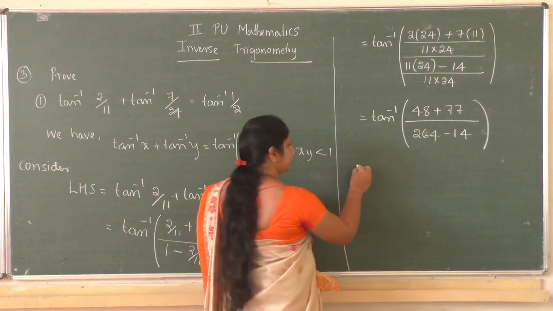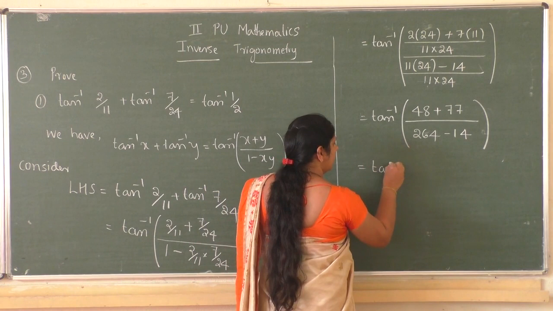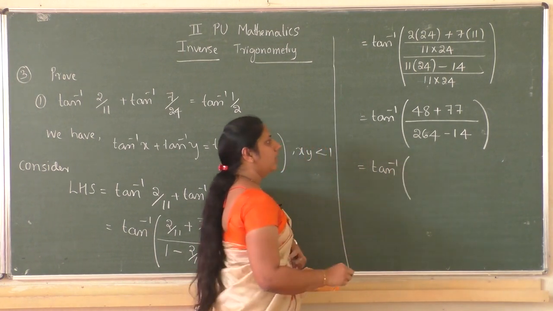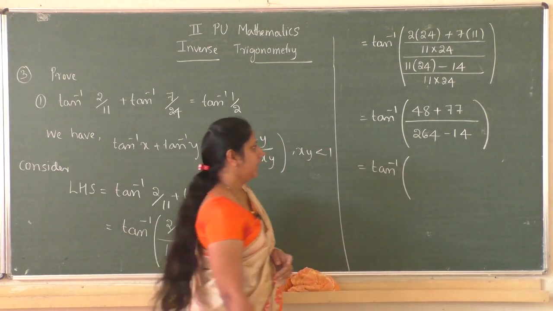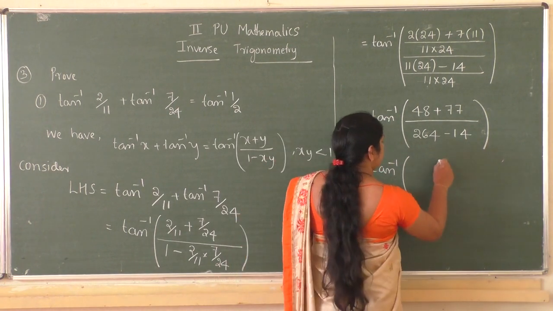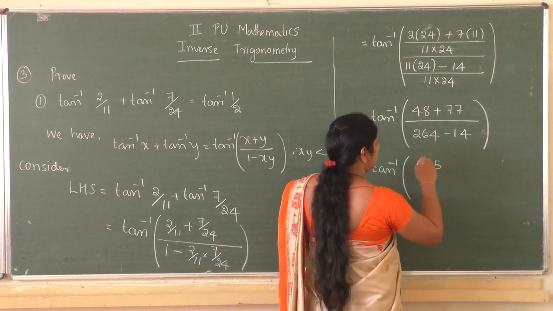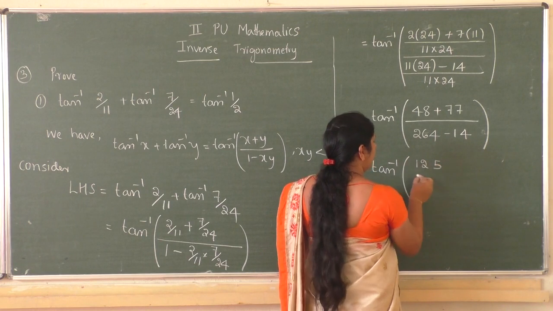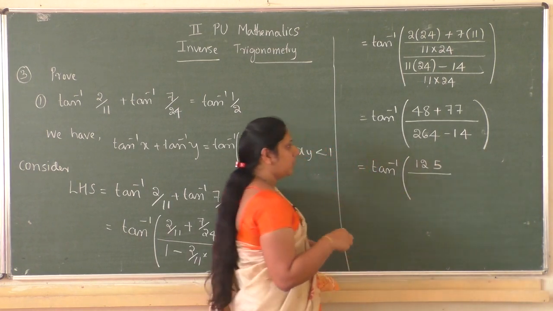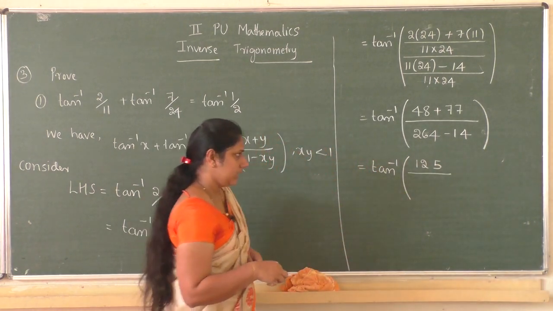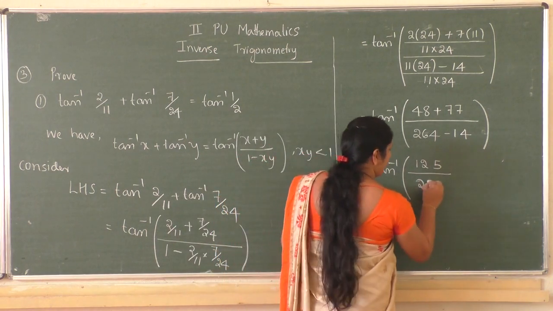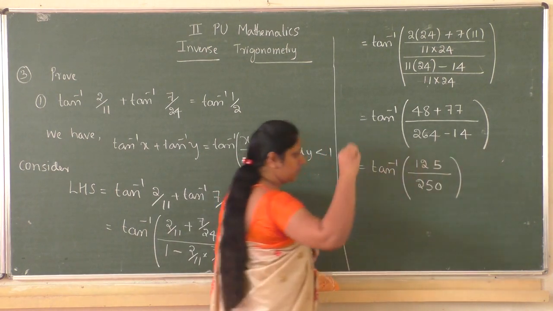Now simplify this, which is equal to tan inverse of 48 plus 77, it is 125, divided by 264 minus 14, that is 250.